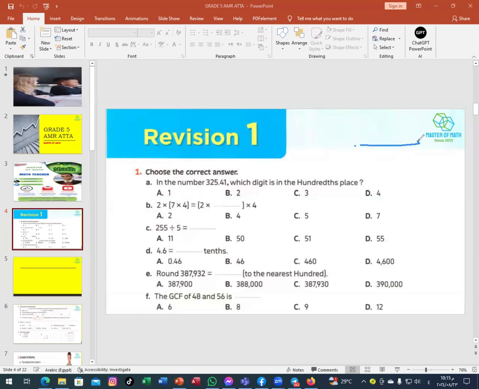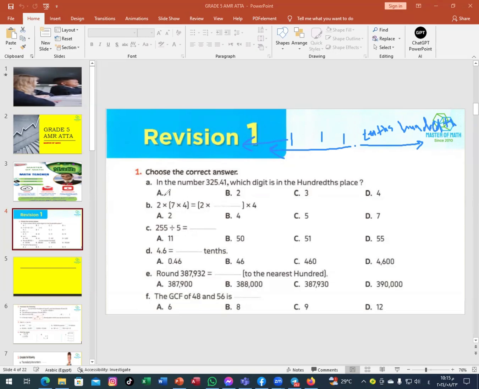Right of the decimal point is tenths and hundredths and thousandths and so on. And left of the decimal is ones, tens, hundreds, and the rest.